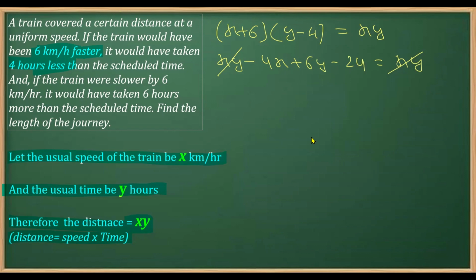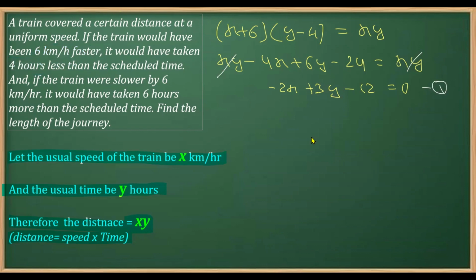Now from here I can take 2 as common to reduce it. It is minus 2x plus 3y minus 12 equal to 0. The 2 vanishes when you transpose this to the other side. So we find that xy gets cancelled, and this we got as the first equation.